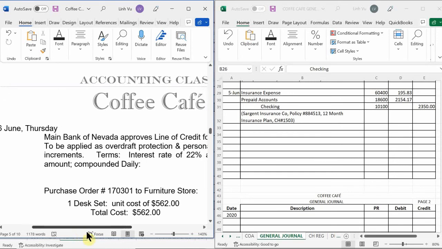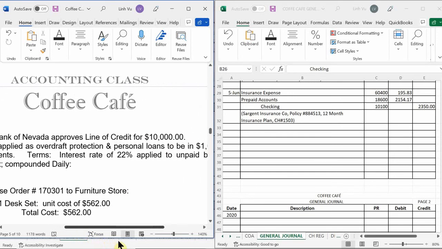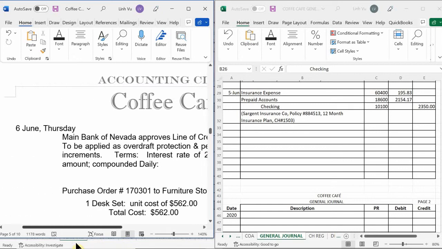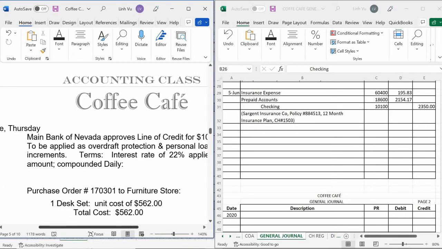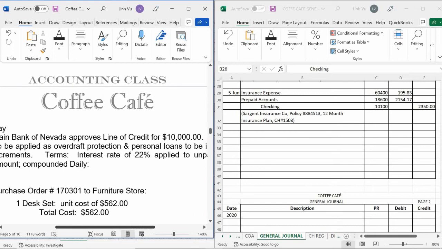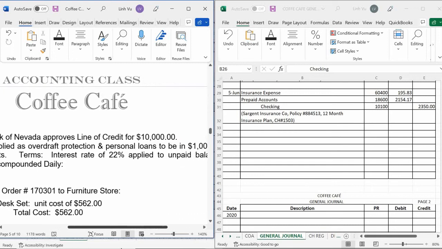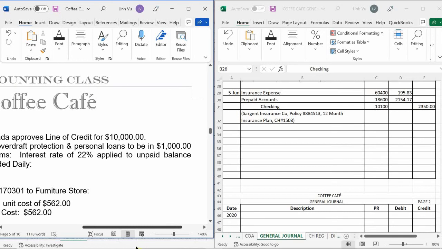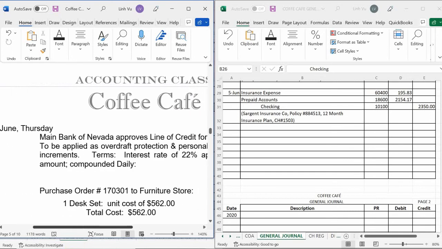So it says Maine Bank of Nevada approves your line of credit for $10,000, to be applied on overdraft protection. And of course, if you want to take personal loans, to be taken out at $1,000 increments.